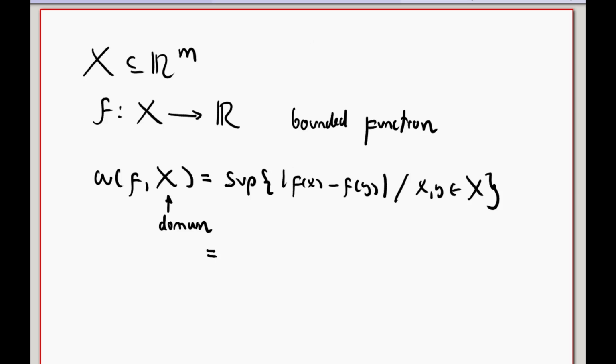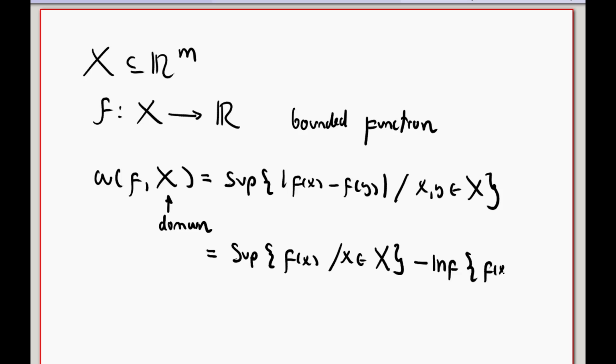We can prove that this is also equal to the supremum of f(x), such that x is any point in the domain, minus the infimum of, once again, f(x) with x in the domain. This is a proposition that we will not prove here, but we can take it for granted.